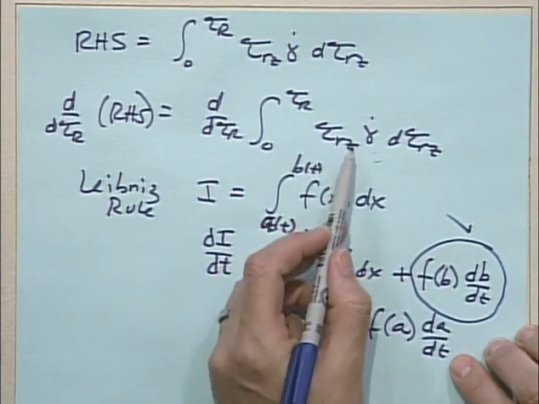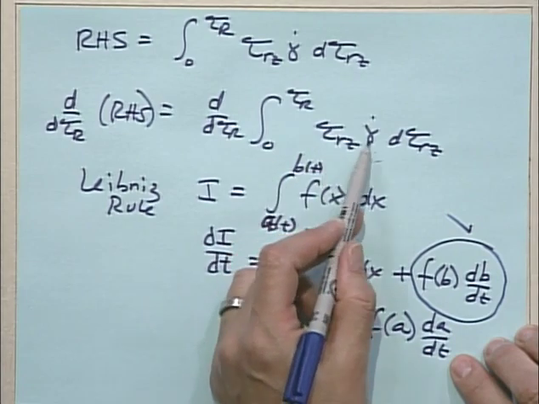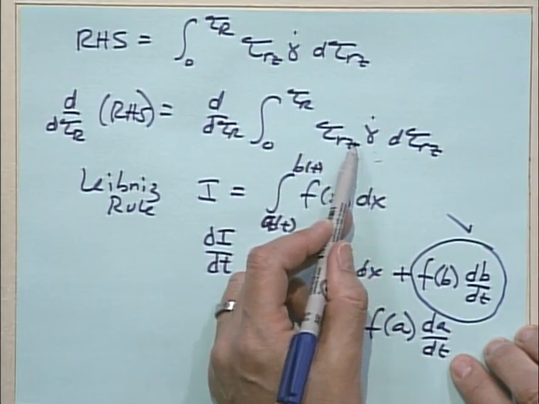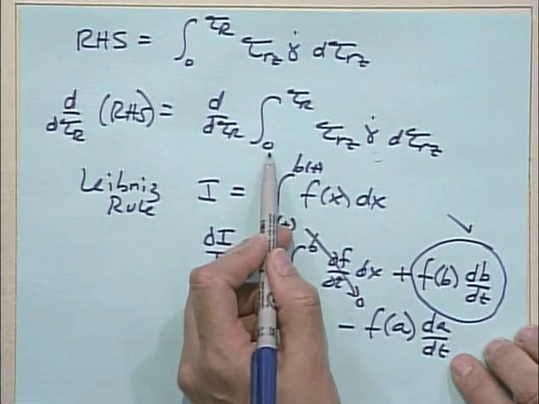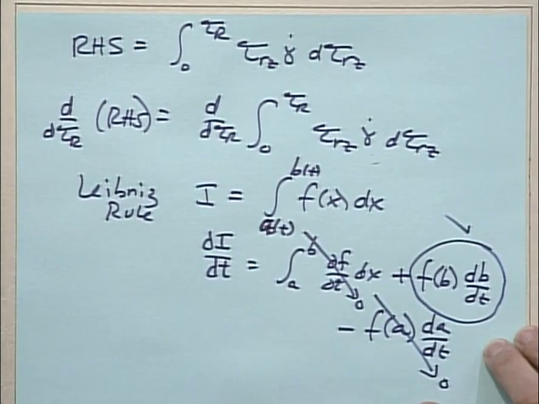This term says take the quantity evaluated at the lower limit, the stress at the center times the shear rate at the center, which is 0, times the derivative of the lower limit with respect to tau r. So that's 0 also, and this one goes out. So it's this second term that shows up.